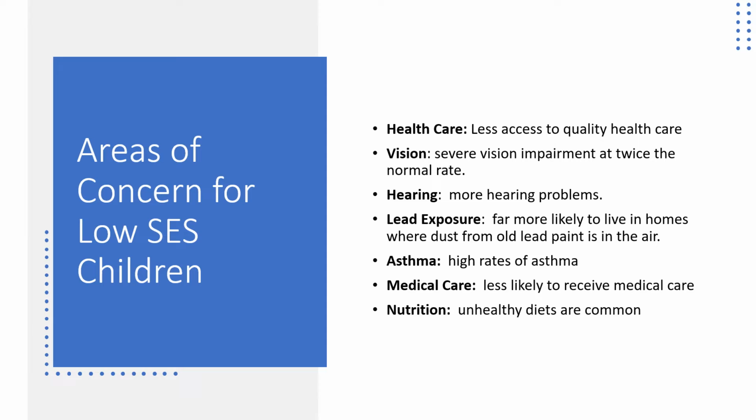They may be exposed to lead in old paints that used to contain lead. They may have high rates of asthma. They're less likely to receive medical care, especially if their parents don't have insurance. Unhealthy diets are common. They may live in food deserts where access to a grocery store is curtailed.